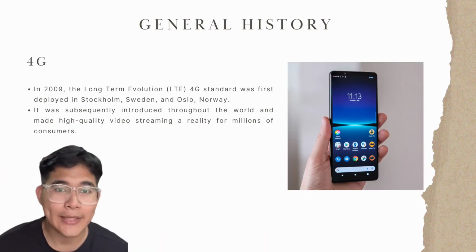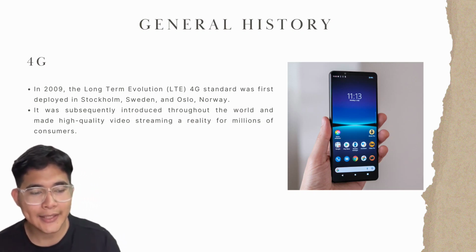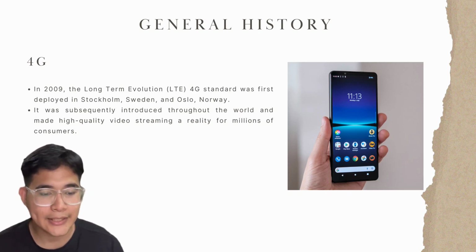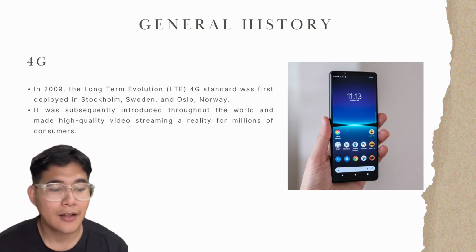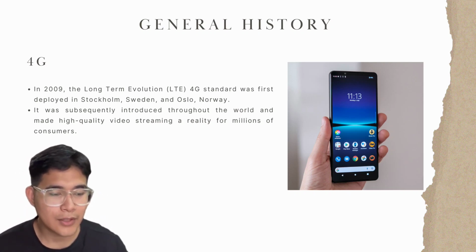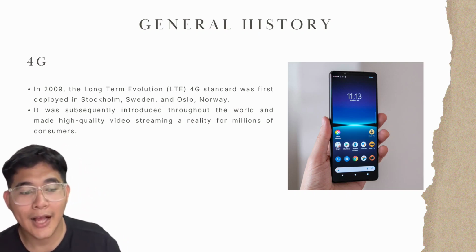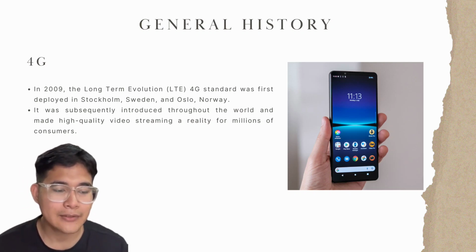Okay, so I will explain about the general history of 4G. In 2009, the long-term evolution, what we call LTE, was first deployed in Stockholm, Sweden, and Oslo, Norway. It was subsequently introduced throughout the world and made high-quality video streaming a reality for millions of consumers.